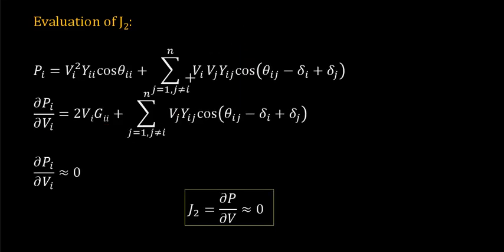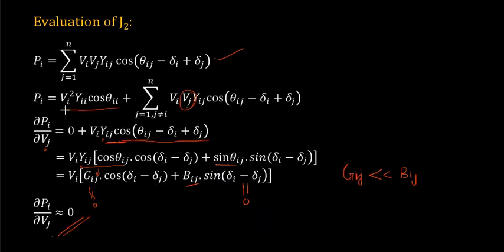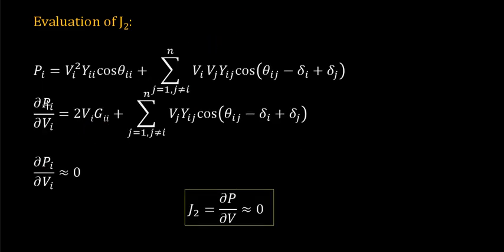Now similarly, when you do dou Pi by dou Vi, just now we have done the differentiation of the ith active power with respect to the voltage Vj at a different bus. Now we are doing the differentiation of the active power at a bus i with respect to the voltage at the same bus.